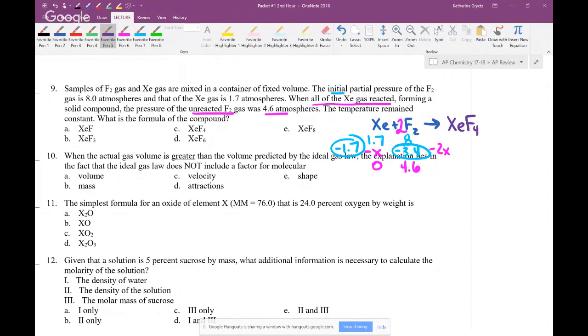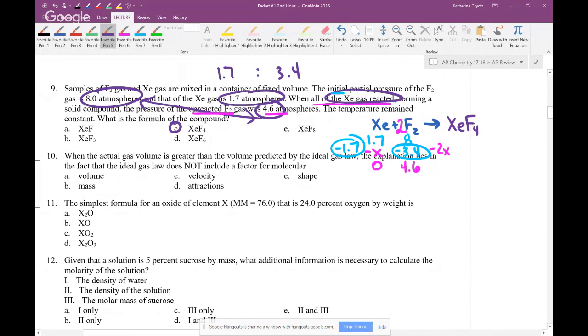The idea is understanding that the 1.7 went away, and at that same point, 3.4 went away for the other guy. So there's a 1 to 2 relationship, the 1.7 to 3.4, between the xenon and the F2. Okay. Where's the 3.4 coming from?